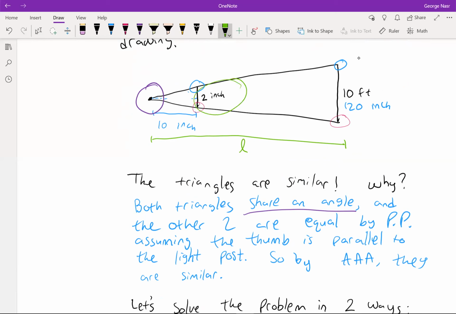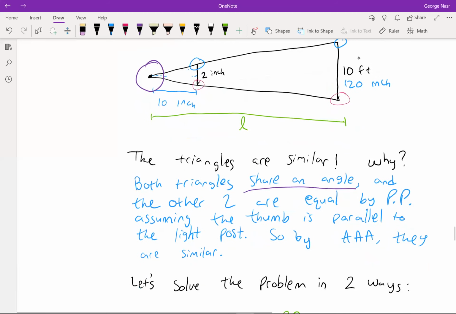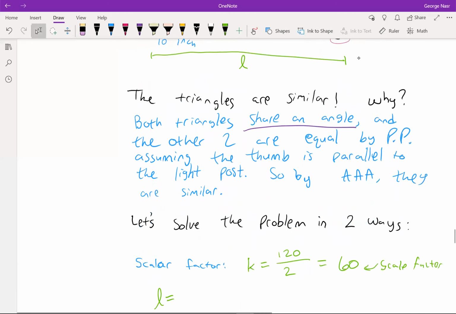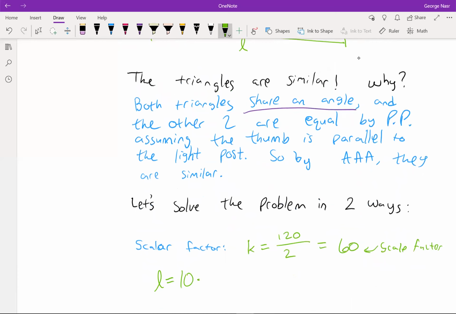If 2 inches is scaled by 60 to get 120 inches, then I've got to also scale 10 by 60, the scale factor, to get 600 inches. That means the light post is 600 inches away.